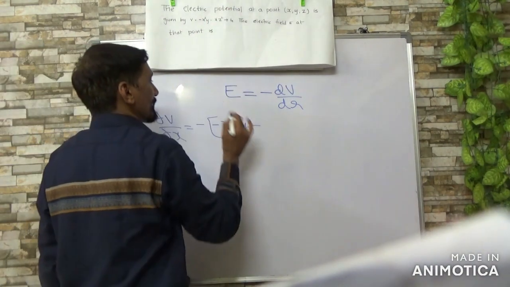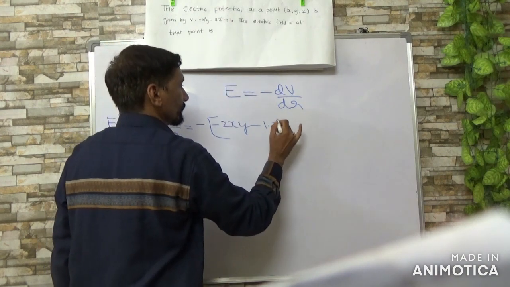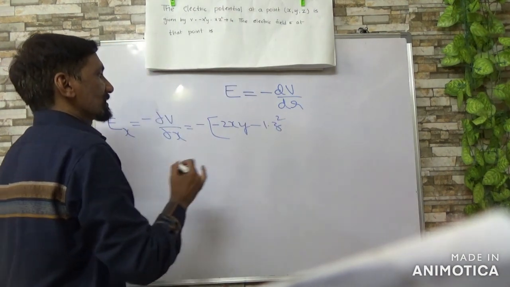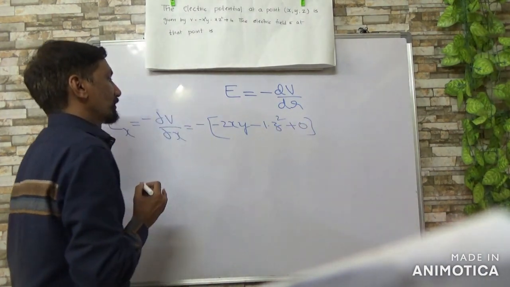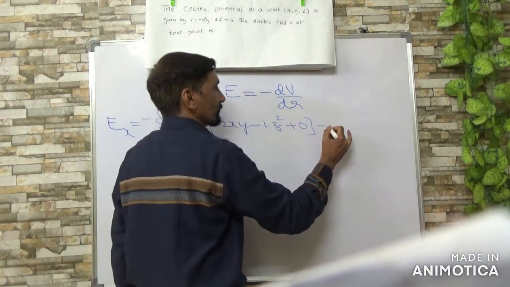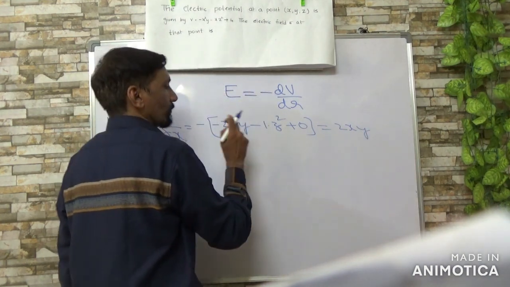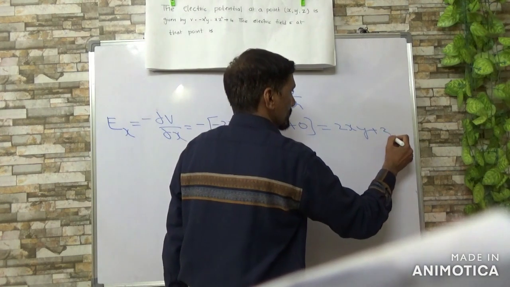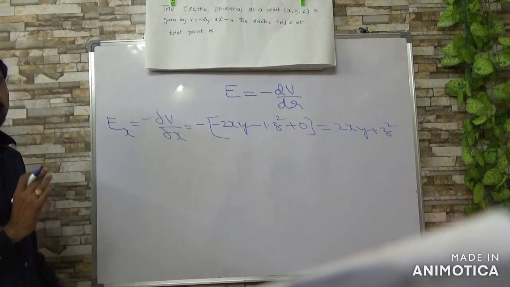So minus of x z square, plus constant 0. So it is nothing but 2xy plus z square. So this is Ex.